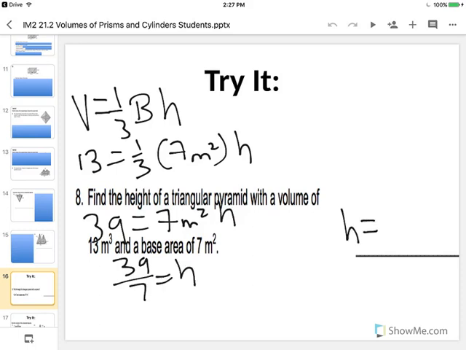You can leave your answer in terms of a fraction, or you can change it into a decimal, approximately 5.57, and this is in meters.